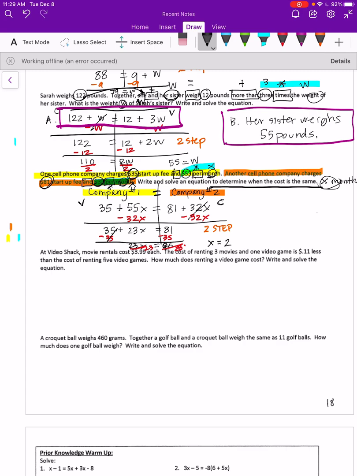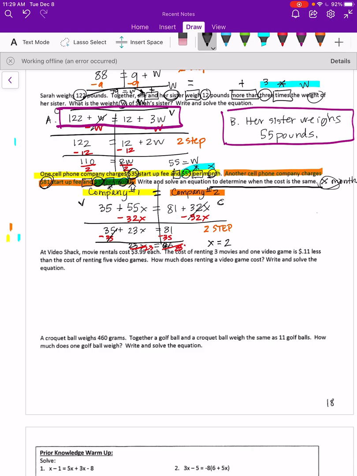So that means at exactly 2 months, the cost for either cell phone company is the same. So if you're going to have your cell phone more than 2 months, you'd probably go with company number 2. Even though their startup fee was more, it's only $32 per month. So at 2 months, they're exactly the same.